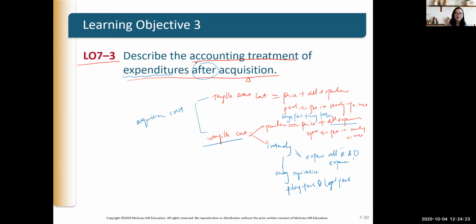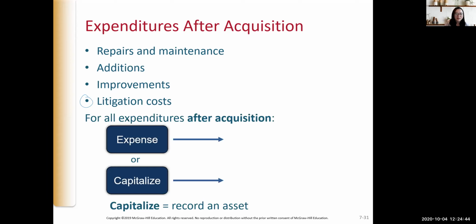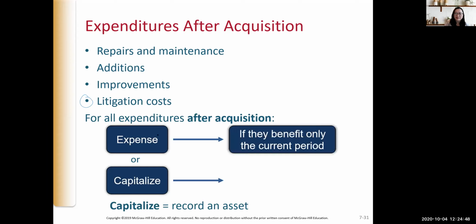Okay, so the next thing we want to talk about is the expenditure after you buy, and how you treat it. Expenditures happen after acquisition, such as when you repair or maintain assets, add something on top of what you have, improve something, or when a lawsuit is involved. So how do we deal with these costs? In a nutshell, for all expenditures after acquisition, you expense them if they only benefit the current period.